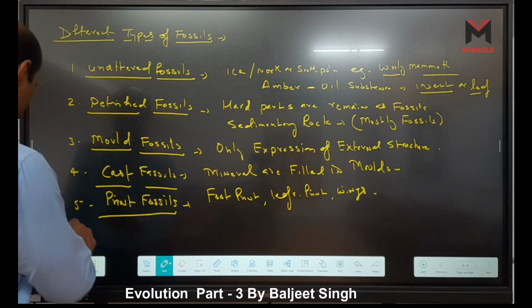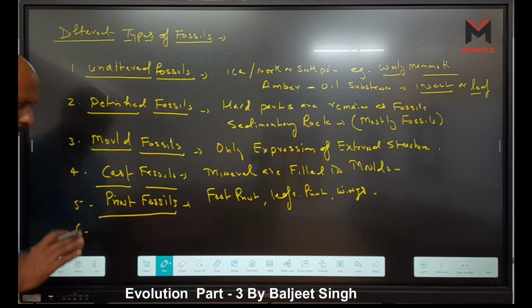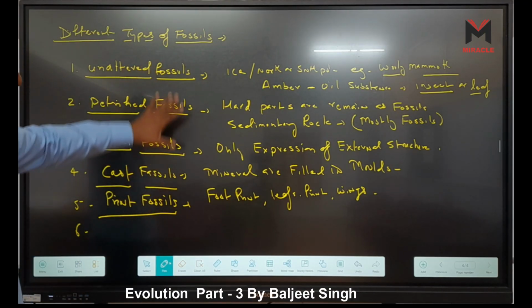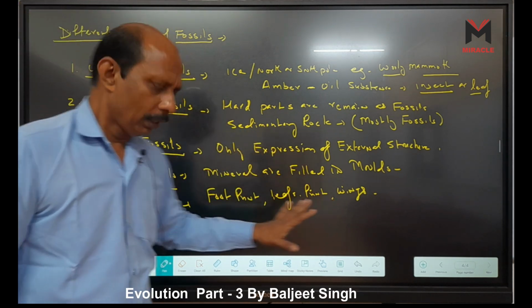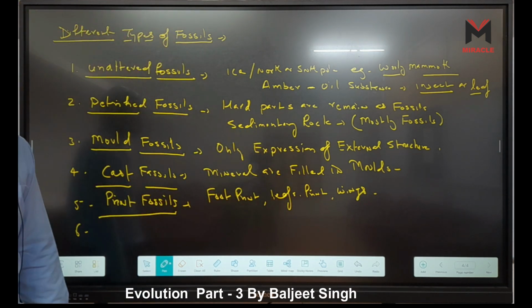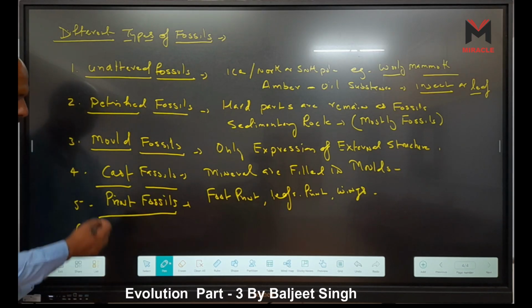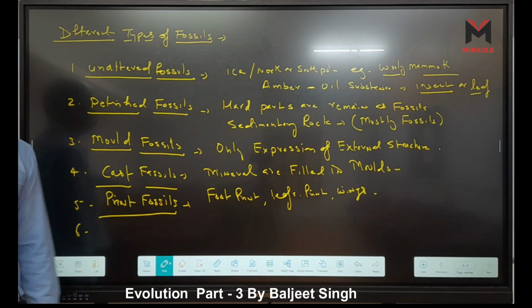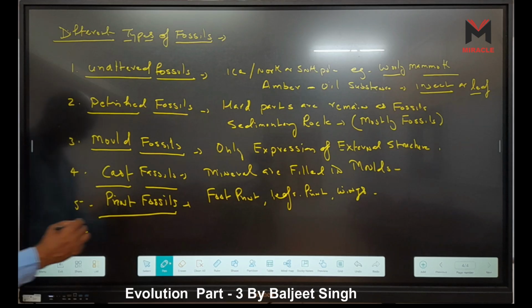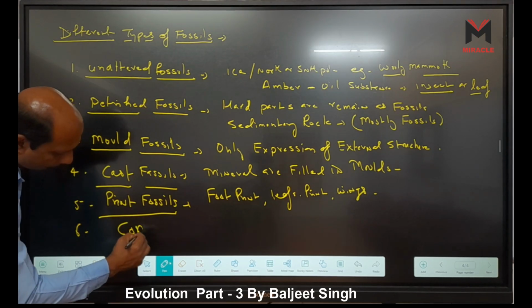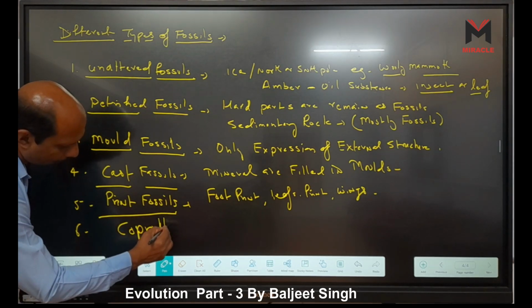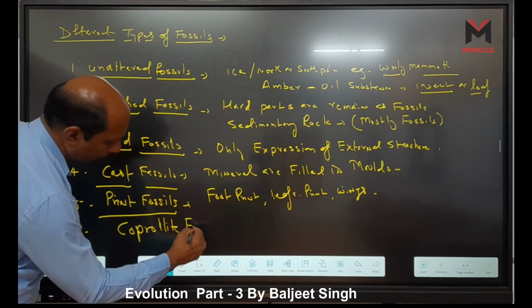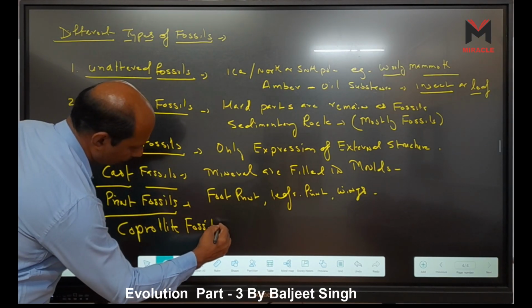Another one is our last one. All the others have some part of the animal. But this last one is not a part of an animal; it is the excreta of an animal, and it is called coprolite fossils.